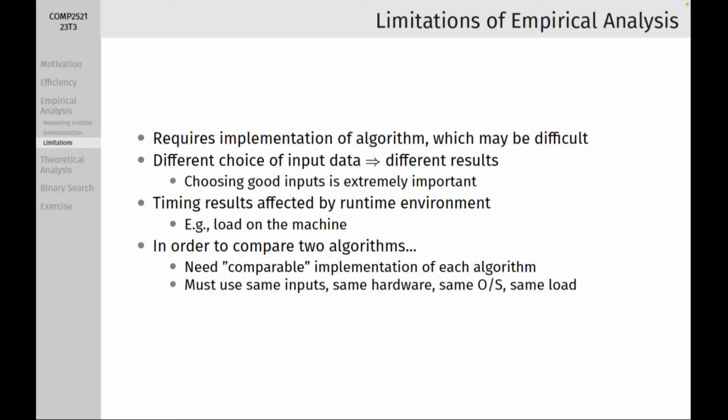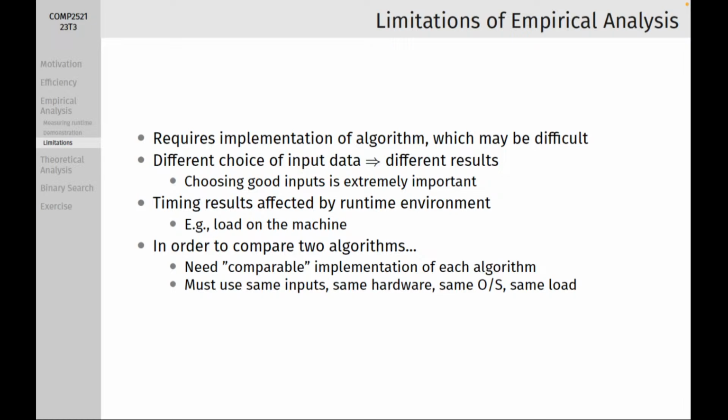All right, next is quite similar to the previous point. Timing results are greatly affected by the runtime environment. You're running your program on a machine, so how long your program takes will be affected by the load on the machine.